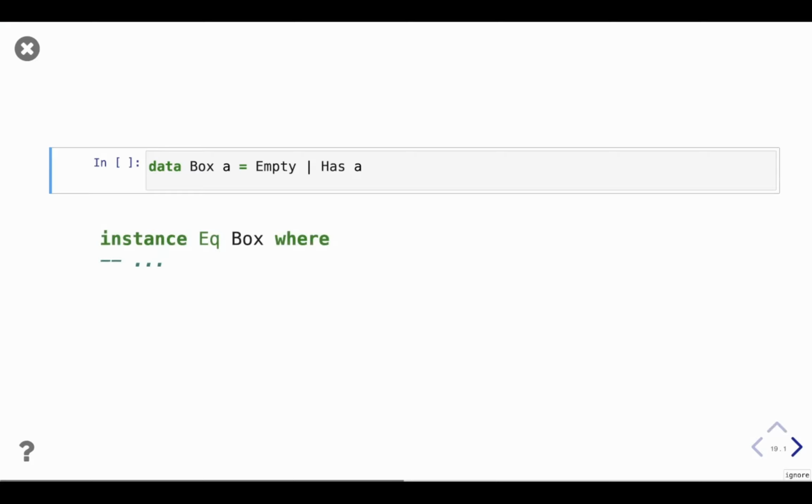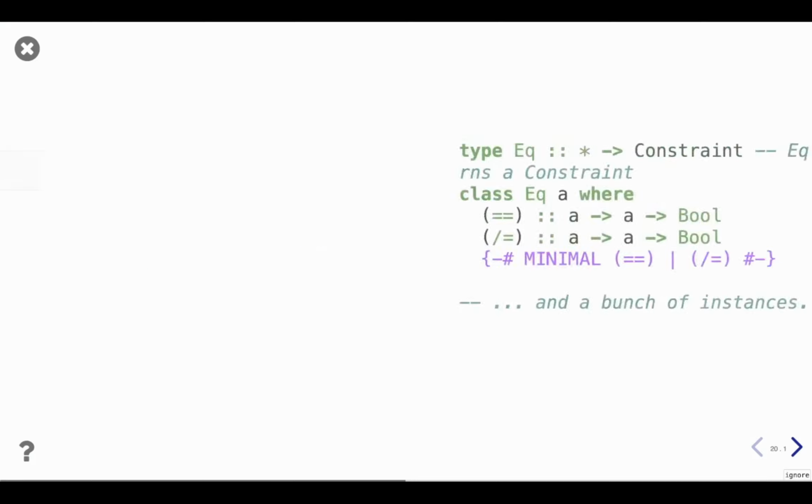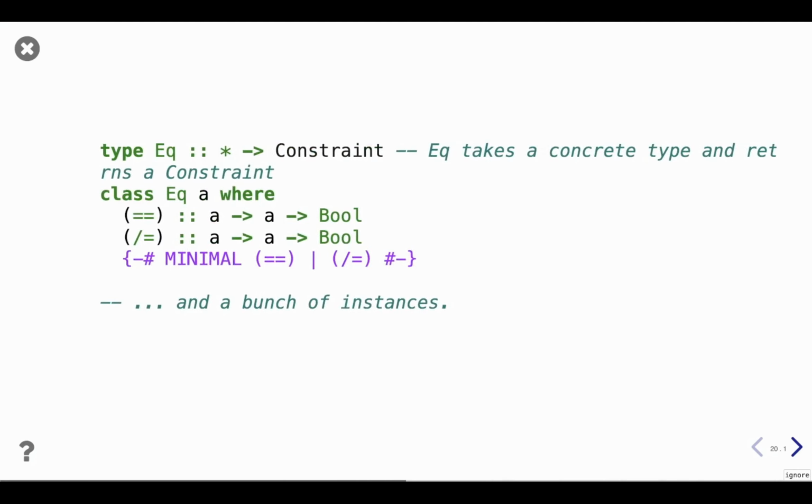Why? Well, if we take a look at the Eq type class using the info command, we get reminded that the type variable A is a concrete type. We can see this in two different places. If we check the type of the functions, we see that the type variable A is alone between the arrows, so it represents a concrete type by itself.